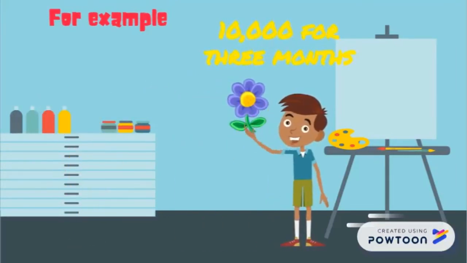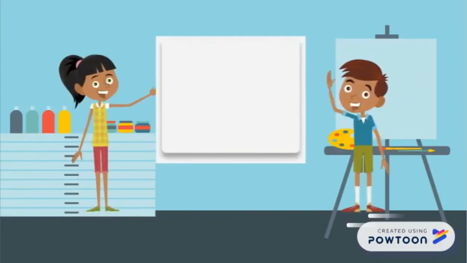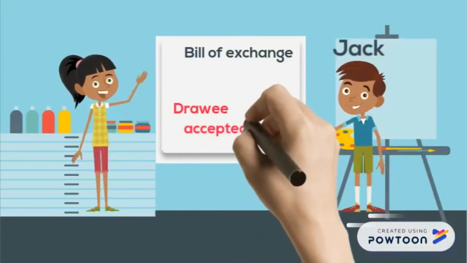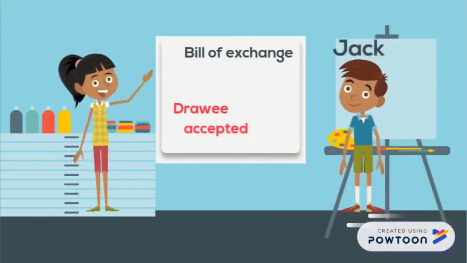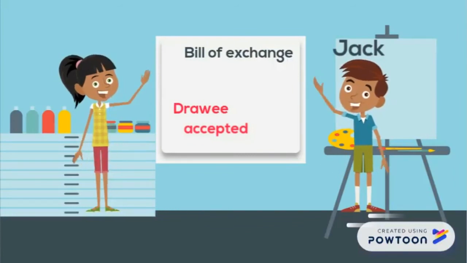To ensure payment on the due date, Hannah draws a bill of exchange upon Jack for USD 10,000 payable after 3 months. Before its acceptance by Jack, it will be called a draft. It will become a bill of exchange only when Jack writes the word accepted on it and puts his signature there to communicate his acceptance.